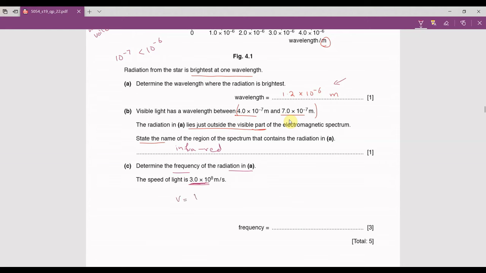V is equals to lambda f, and what we have to calculate here is the frequency. So frequency will be V over lambda, and if V is 3.0 into 10 to the power 8 and lambda is calculated in part A, which was 1.2 into 10 to the power minus 6, we can get our frequency. So let's calculate this one.